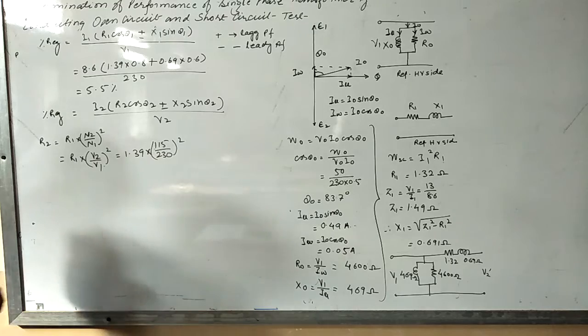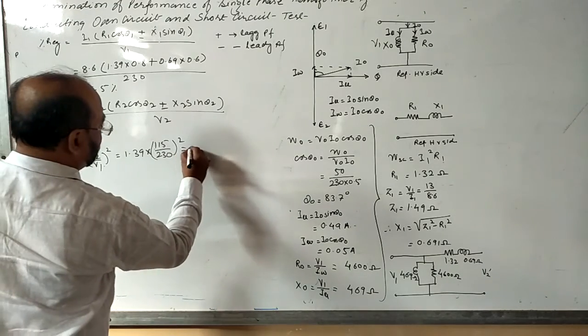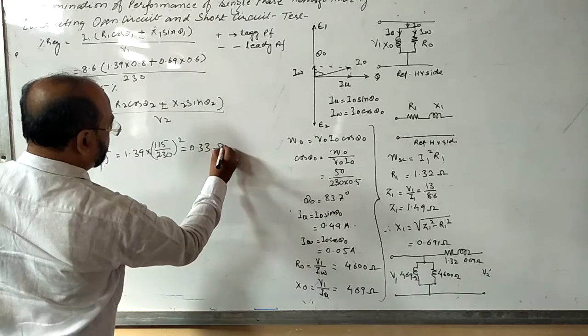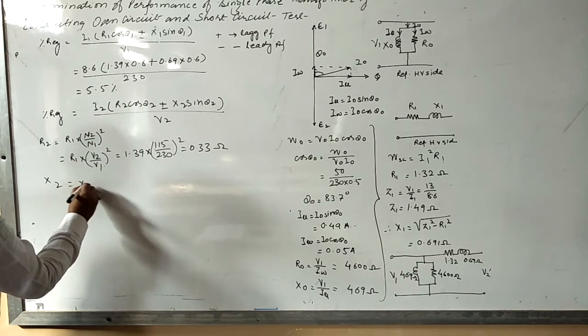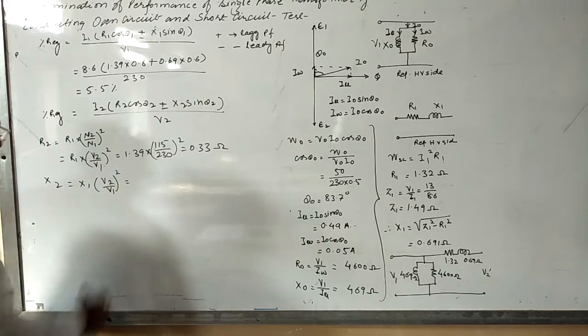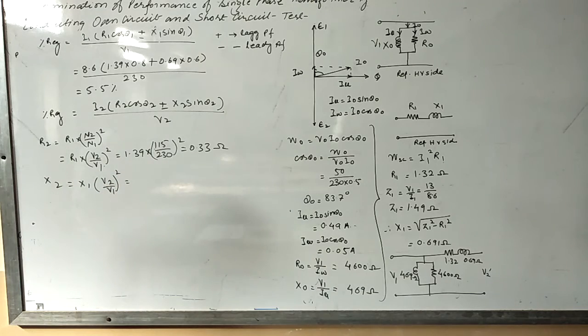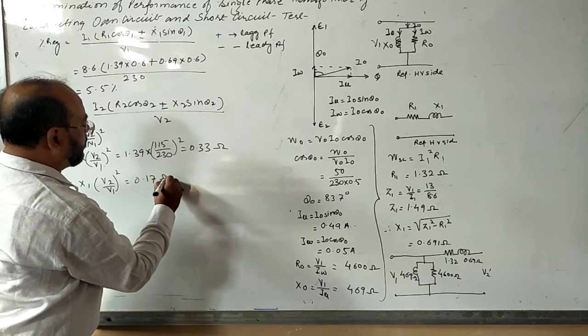So you are able to find the value referred to the secondary side, it is 0.33 ohms, whereas X2 is equal to X1 into (V2 upon V1) square, and its value is equal to 0.17 ohm.